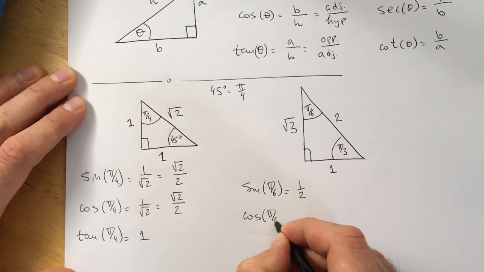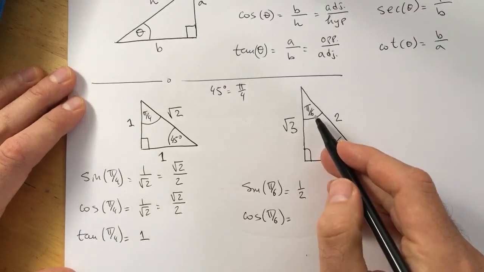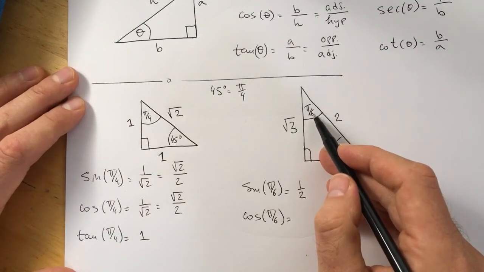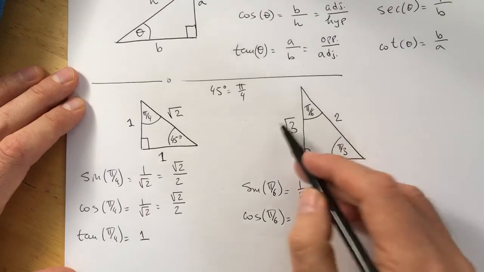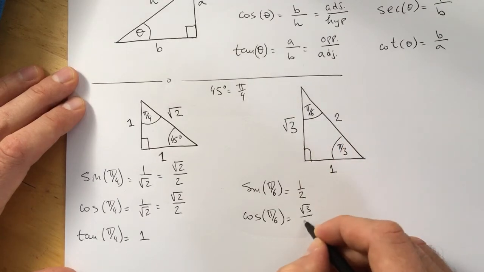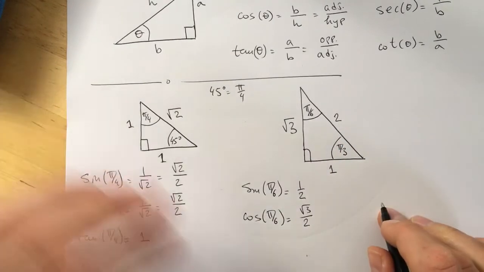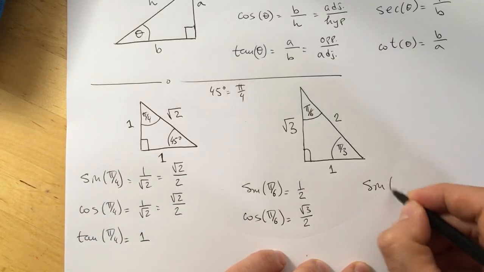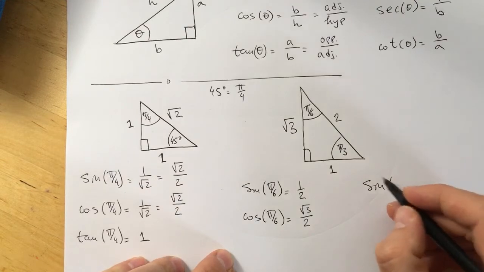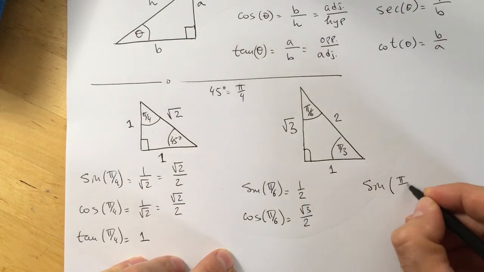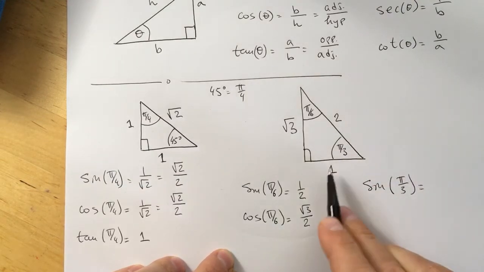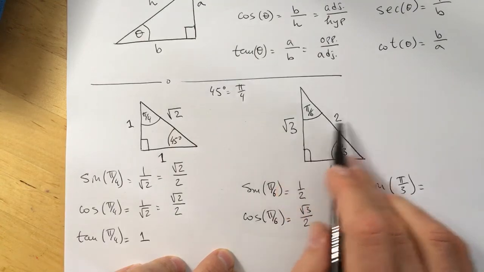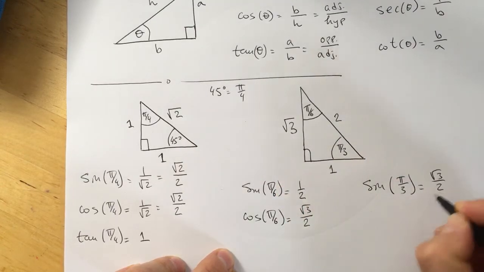Cosine of pi over 6 is adjacent over hypotenuse, square root of 3 over 2. And sine of pi over 3, of 60 degrees, is opposite over hypotenuse, square root of 3 over 2.